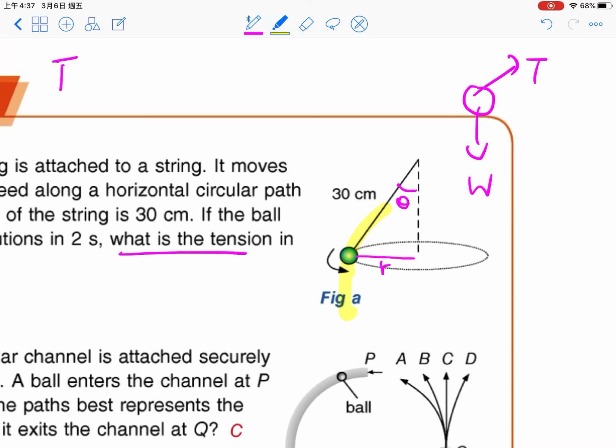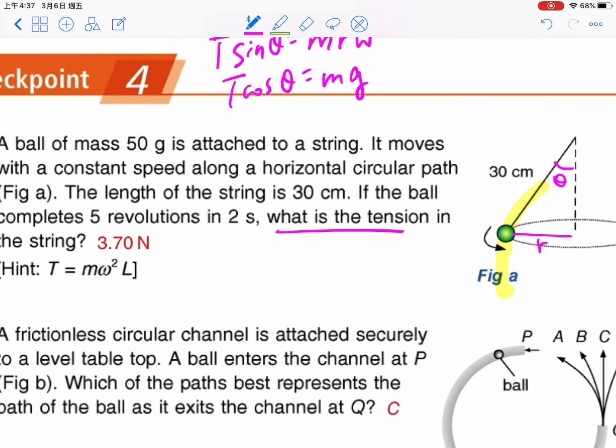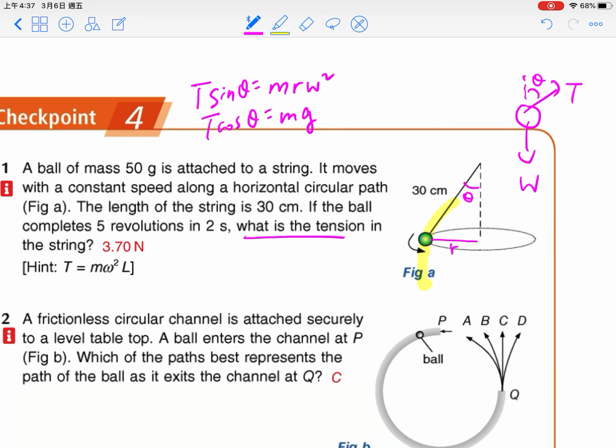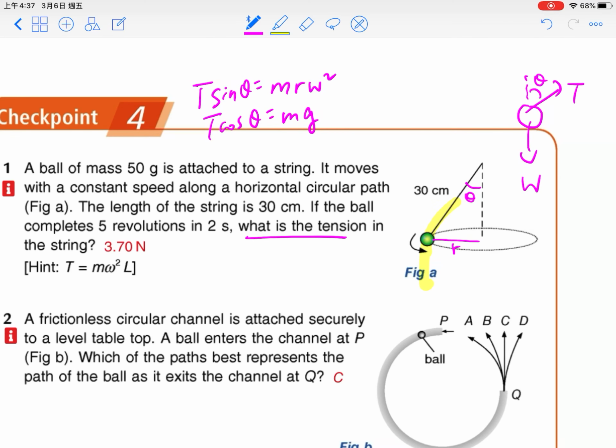Do you agree? Tension, weight. So tension sine theta would give the centripetal force, mr omega squared. Tension cosine theta equal to mg, balancing the weight. Otherwise, the object would move down. So you have two equations.